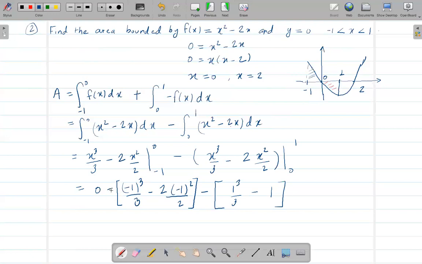If you forget to distribute this negative to these two, then you'll get a different answer. So just be careful with signs, all right? You can easily make mistakes on these things, so just go slow and be really careful. And after you put this in a calculator, or if you do a bit of algebra, your final answer is going to be 2.